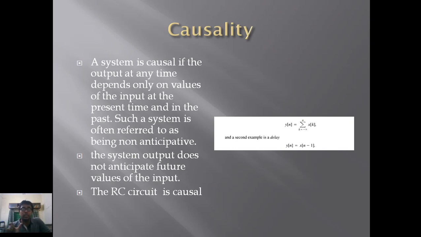But in case of causality, as the name refers here, it's causal. Causal means cause and effect. From those words, causality has been coined. So that's why it is known as non-anticipative. You can't anticipate the value of the output signal depending on the input signal in case of causality.